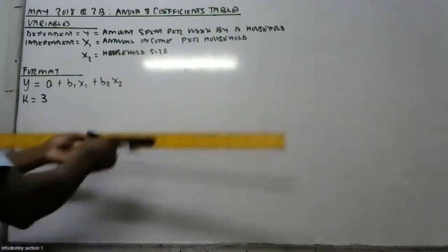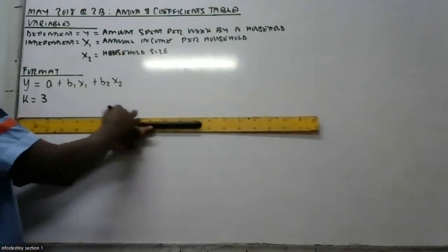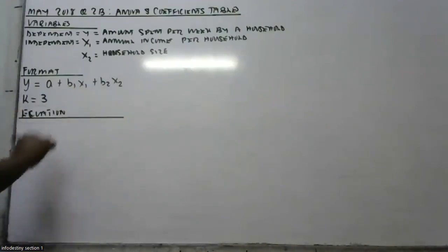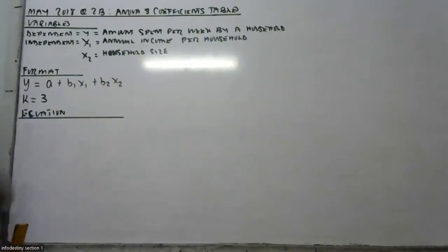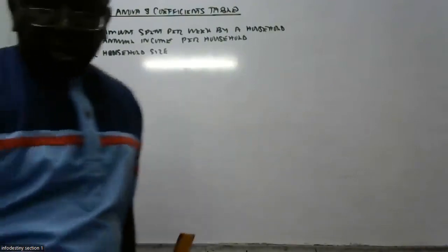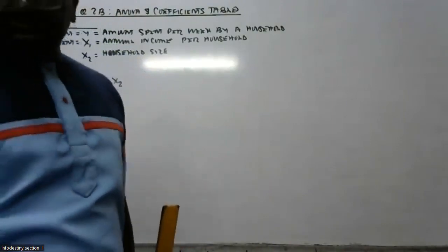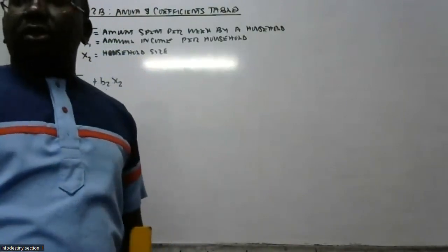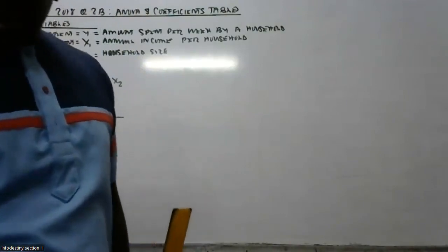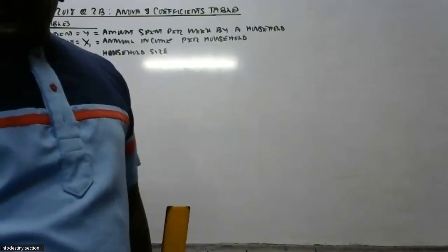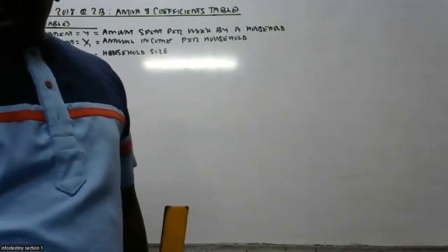Then from there, you get the equation. Now the equation is obtained from the table of coefficients. You can see we are given the ANOVA, the first table there, where the first column is labeled ANOVA. Then there is another one, where the first column does not have a title, but the second item is coefficients. Now, in those coefficients, the first one is intercept.